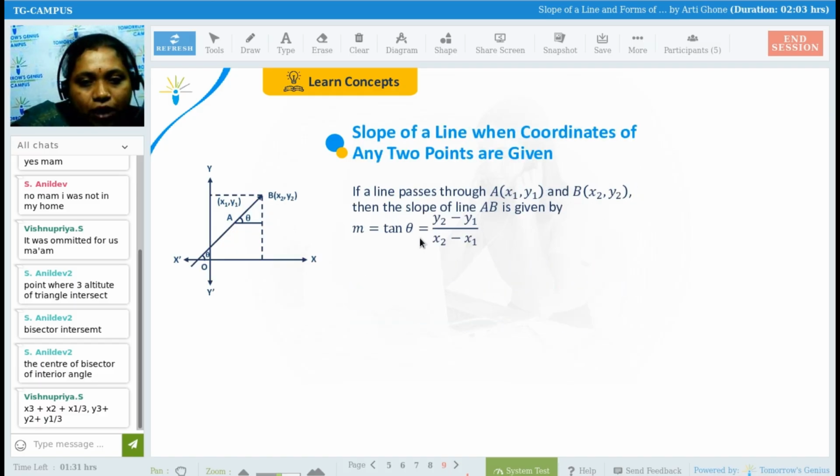The next two important formulas: if the coordinates of 2 points are provided, like A is x1, y1 and B is x2, y2, and we don't know anything about theta, then we can directly write y2 minus y1 upon x2 minus x1. Both forms are clear. And the form 3. So for slope, what are the different forms of slope? You can make this chart.